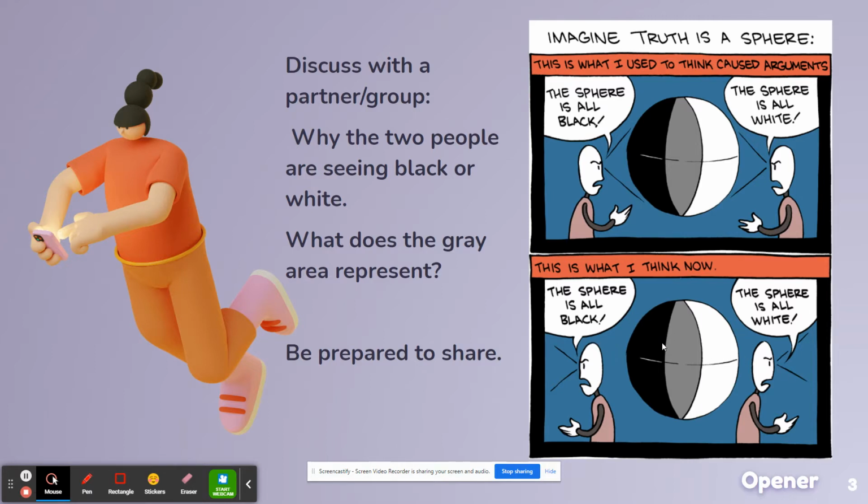But in reality, they both are right because they can only see what they see. Sometimes this is what happens when we look at our problems up close. We can only see the part that we're closest to. And so one thing to consider is to step back and take your time and listen to what other people's viewpoints are.